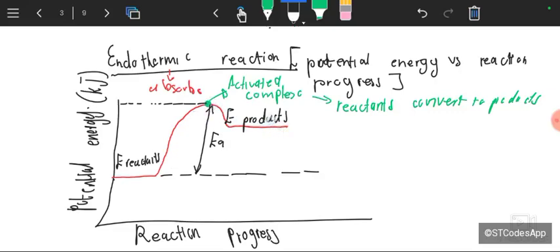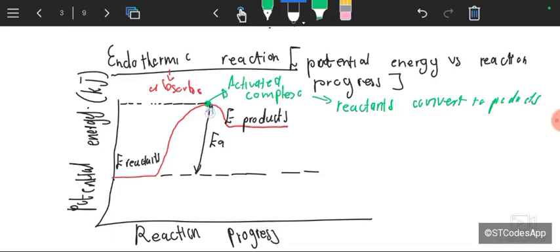If it's a chemical reaction, something must be formed. You can't say this is a chemical reaction and nothing is being formed. So as soon as you get to the activated complex, you are able to say, now I can form my products. I have absorbed so much energy, I am able to form my products.